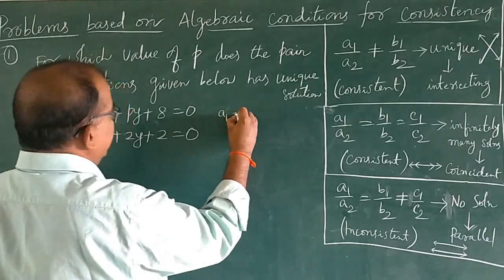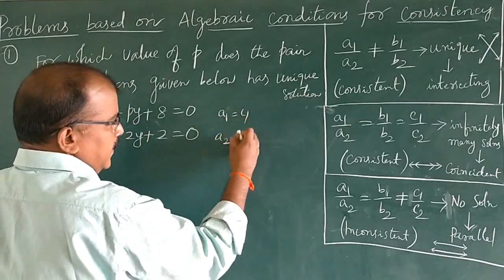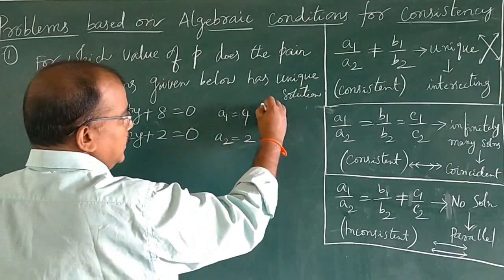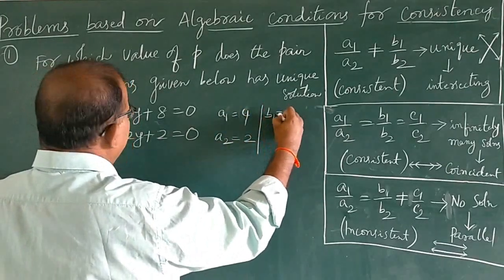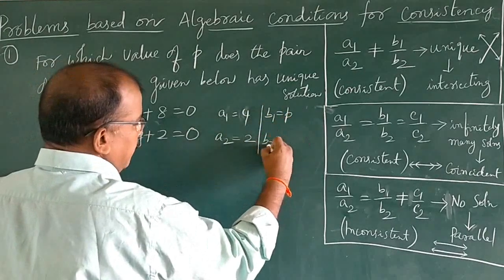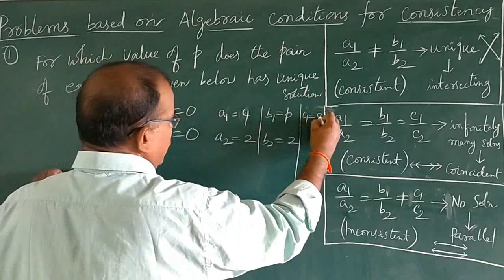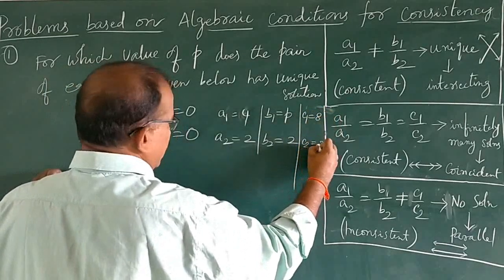Here, a1 is equal to 4, a2 is equal to 2. Next, b1 is equal to p, b2 is equal to 2. C1 is equal to 8, C2 is equal to 2.